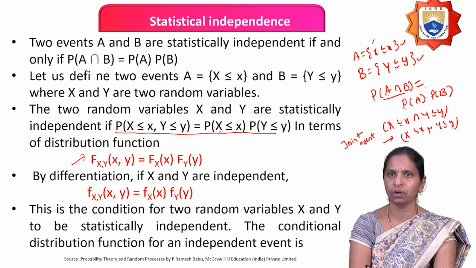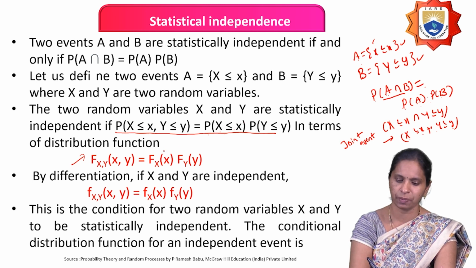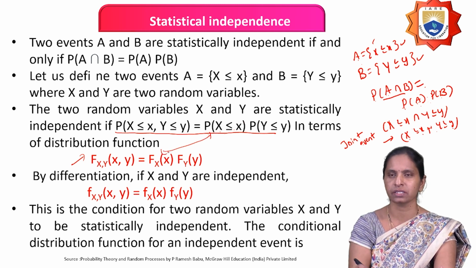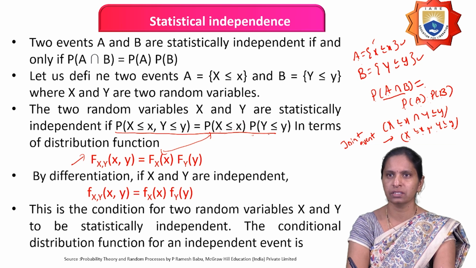Now, what is P of X less than or equal to x? That is called the definition of the distribution function of the random variable X. Therefore, it is represented by F_X of x. And what is P of Y less than or equal to y?